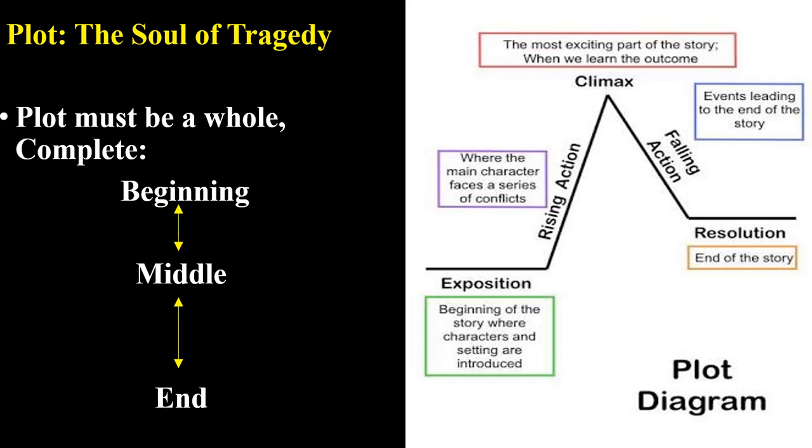I'm using the word action because in the definition, Aristotle says that tragedy is an imitation of an action. So here action means the physical action as well as the mental or emotional action, meaning whatever is going on in the mind and heart of the character is also counted.